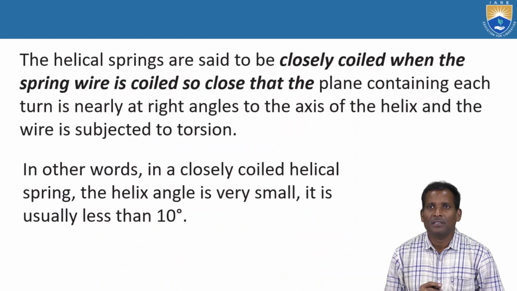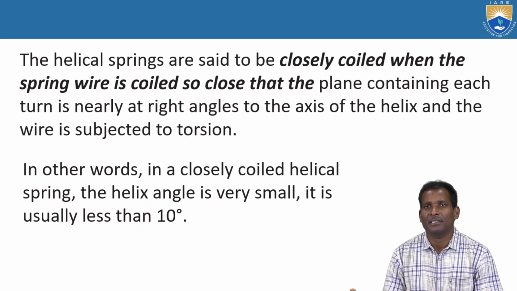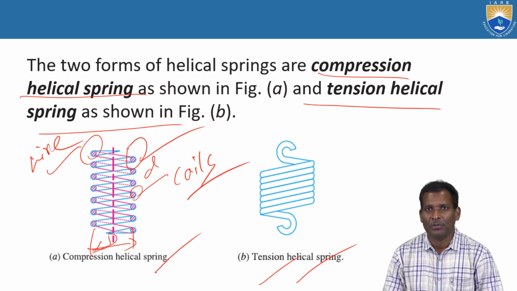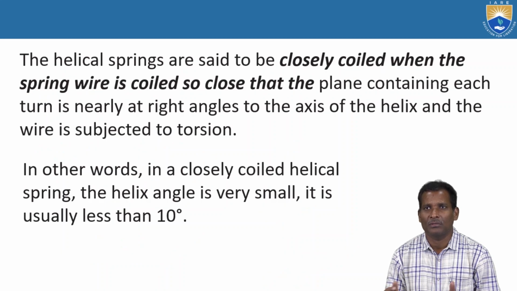Helical springs are said to be closely coiled when the spring wire is coiled so close that the plane containing each turn is nearly at right angles to the axis of the helix, as shown in the figure, and the wire is subjected to torsion.